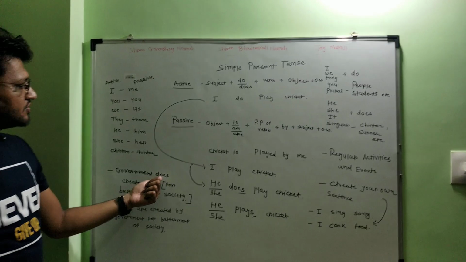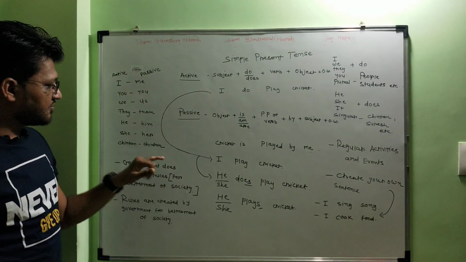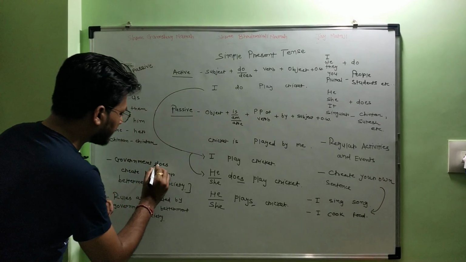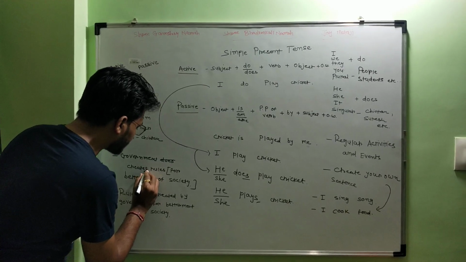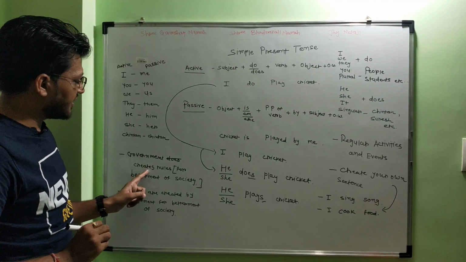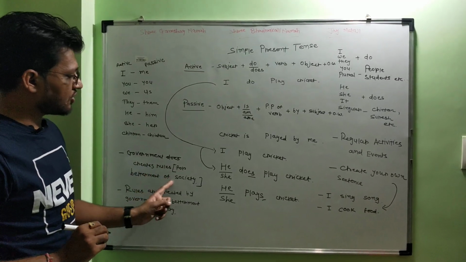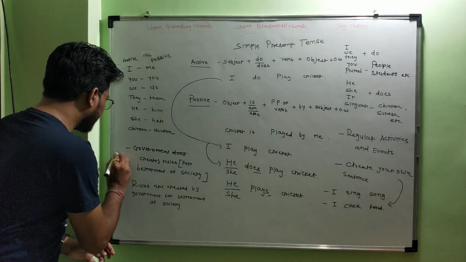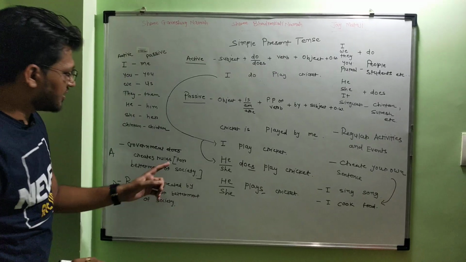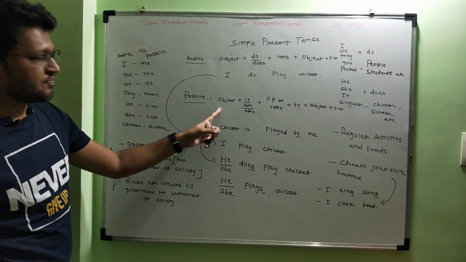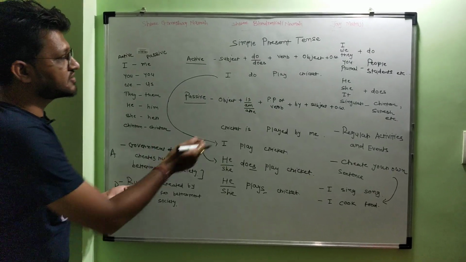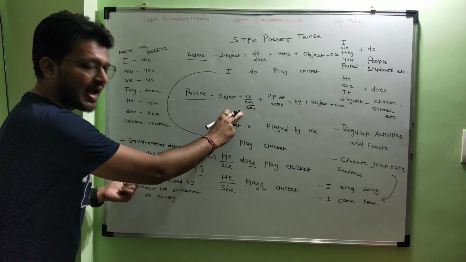Now if I remove this does, it means this word has s or es. So if I remove does from here, I need to place s over here, and the sentence will become: Government creates rules for the betterment of society. This is again the active voice. Now if I want to convert the same thing into passive, it will follow the same structure. Here the object is rules. Rules are plural, that's why we place are.